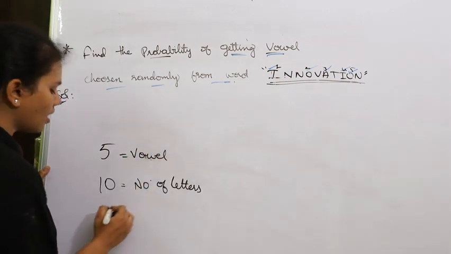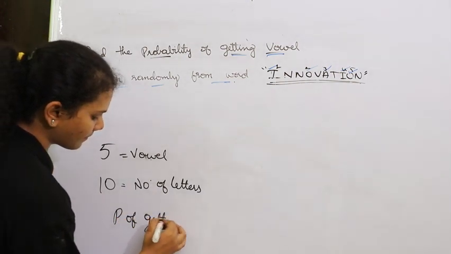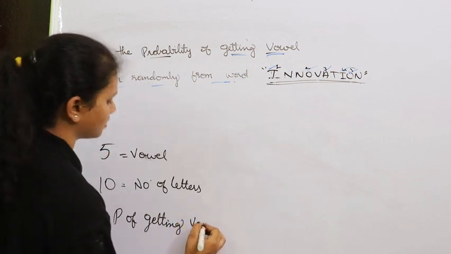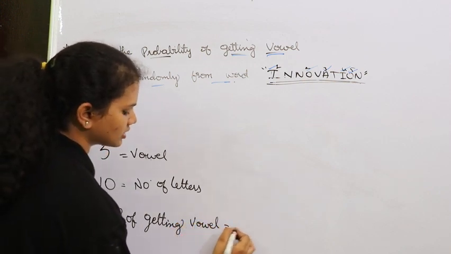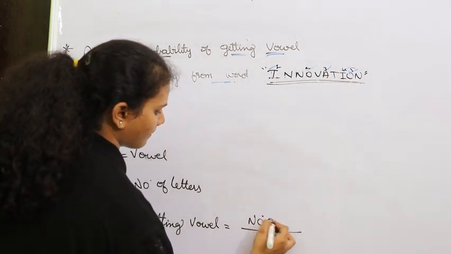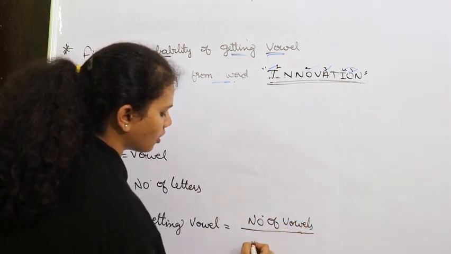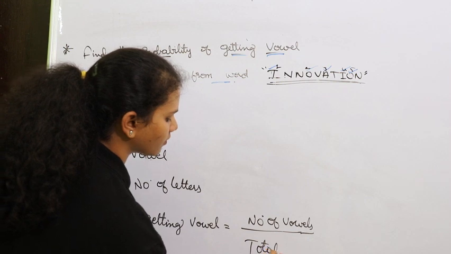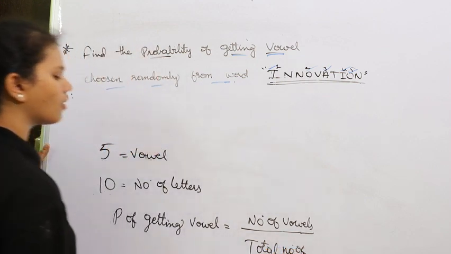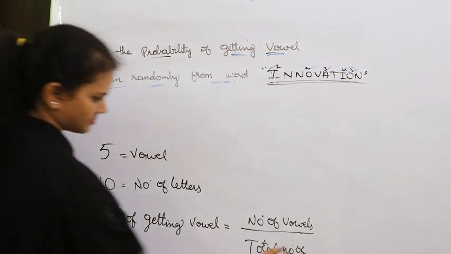Okay, so probability of getting a vowel is equal to number of vowels upon total number of letters.